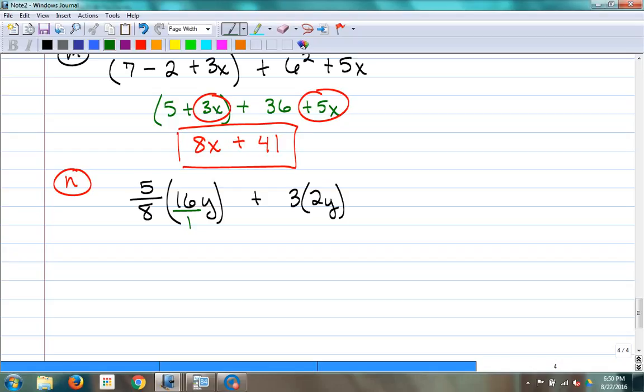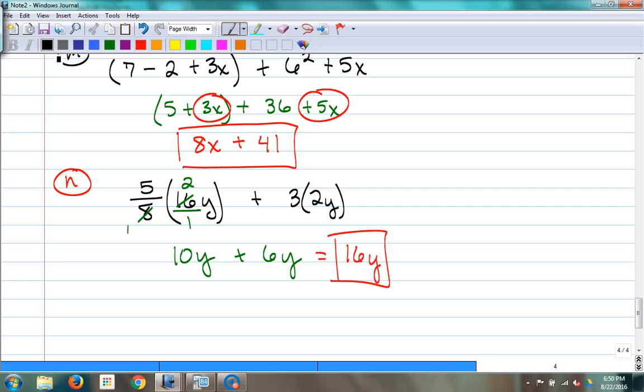It ends up being 80 over 8, which is 10. 8 goes into itself once and into 16 two times, and 5 times 2 is that same 10. And then over here, 3 times 2y would be 6y. And we end up with 16y as a final answer.